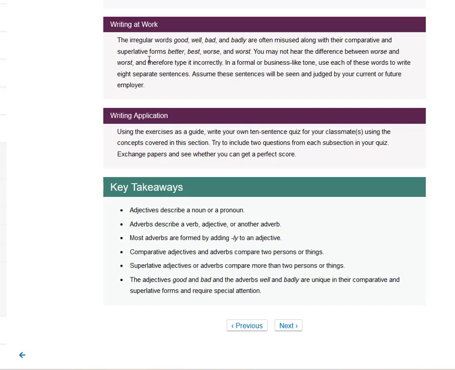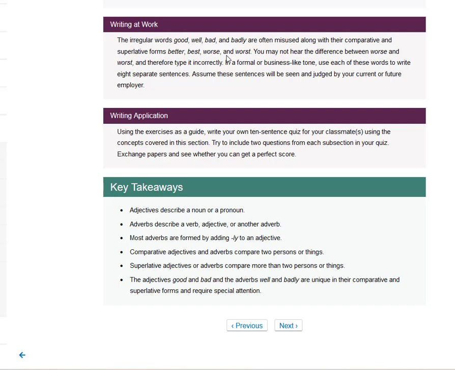And so if you're at work, you need to be able to know the difference between good, well, bad, and badly. If you use these words incorrectly, and you say something like, I did bad on my test, for instance, or I did bad on last month's profits. We did bad.